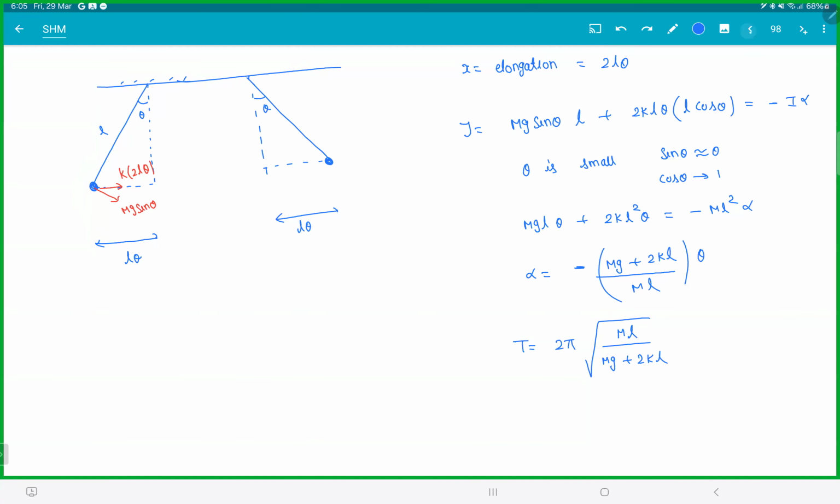Question is not over. What if there's a rubber band? How will that mess up the question?